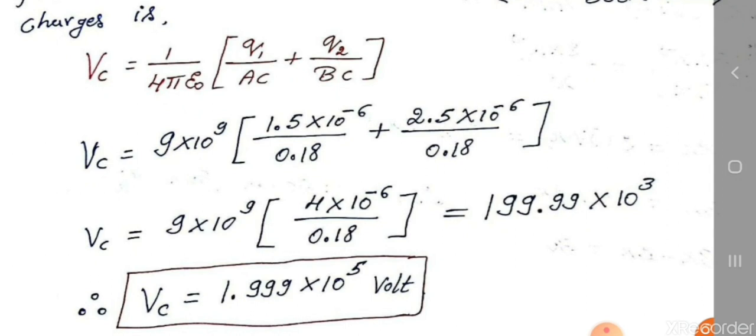AC and BC take the same value in the denominator, 0.18, converted into meter. Take it as a common denominator by the LCM method: 0.18, 1.5 plus 2.5 becomes 4, and 10 power minus 6 is common. After solving, we get the resultant potential as 1.999 into 10 power 5 volt.